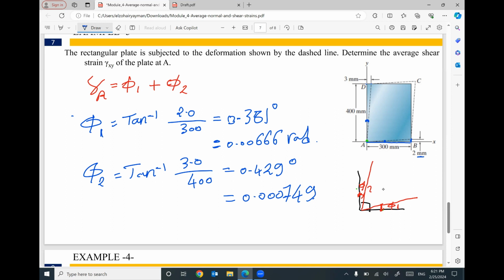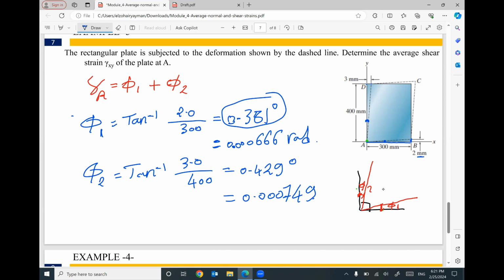Let me check the first one. I think I missed something. Inverse tan 2 divided by 300, times pi divided by 180. It will be 0.00666. We have 3 zeros after the decimal.